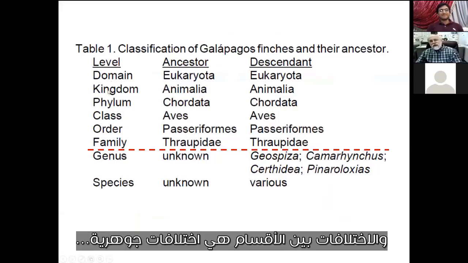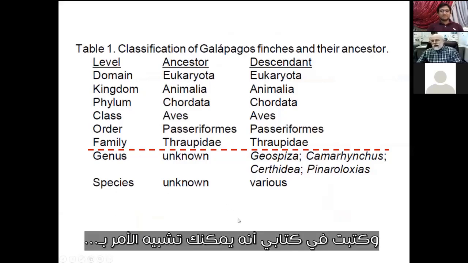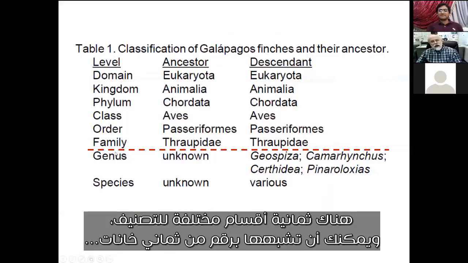And the different categories are substantially different. They require much greater information to pass from one to another. In the book I write that there are 8 classification categories here, and you can represent it by an 8-digit number.